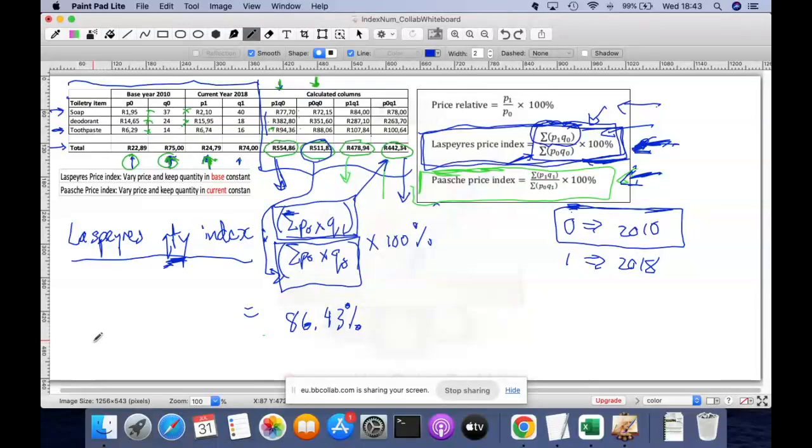So I'm working out the change now: 86.43% minus 100%. And if you work this out, you're going to get the negative, Tariq, as you asked earlier. So you're going to get negative 13.57%.